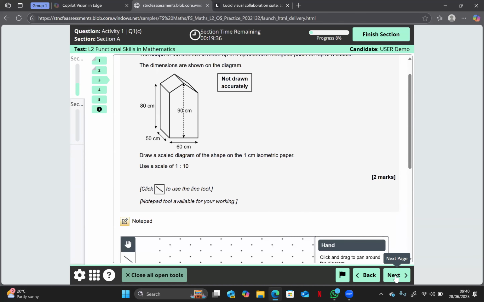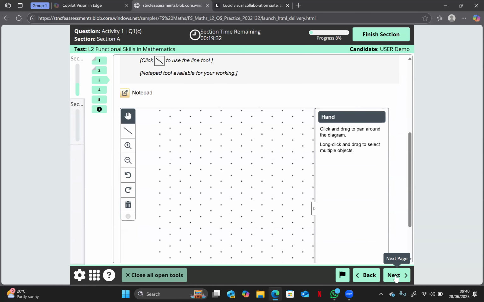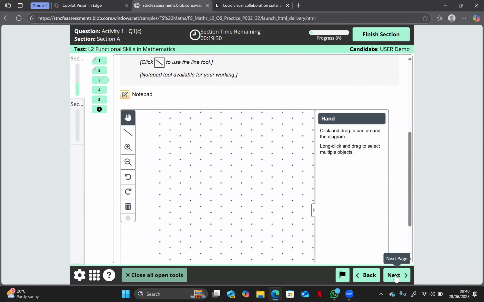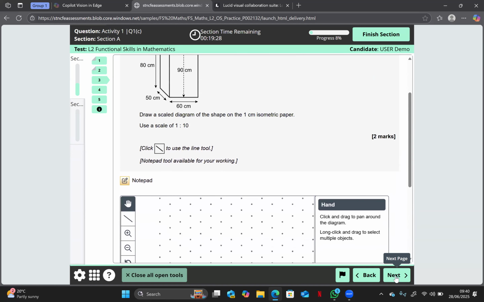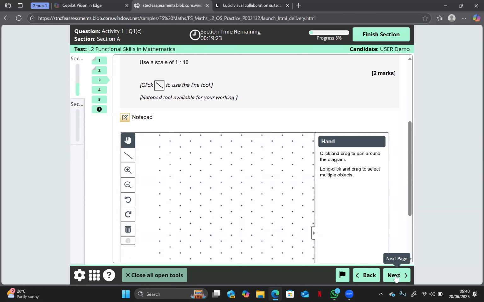So all you would do here is draw a scale diagram of the shape.